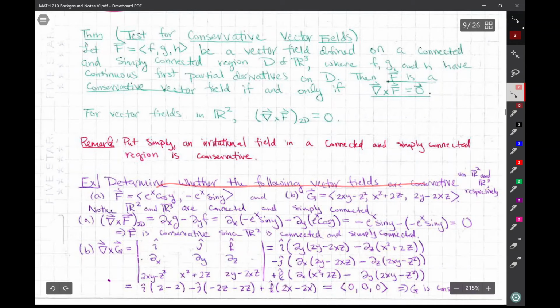Let's take a quick example here. We want to determine whether these vector fields are conservative on R2 and R3. Now, R2 and R3 are connected and simply connected, so we don't have to worry about that formality. And by the way, the only time that you would have to worry about that for our simpler purposes is, say you have some vector field K, and say it's given as this expression here.